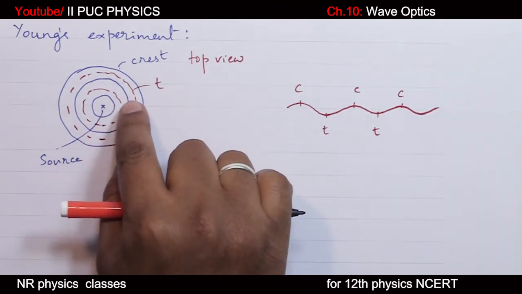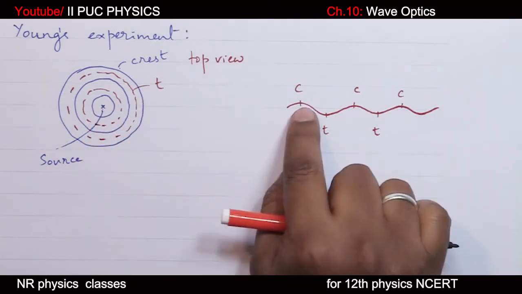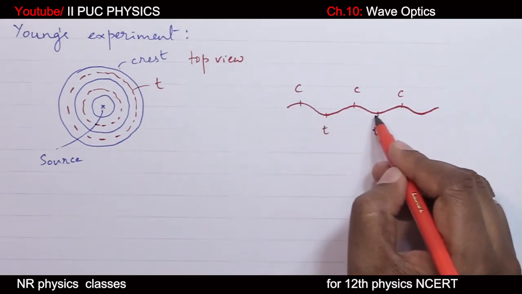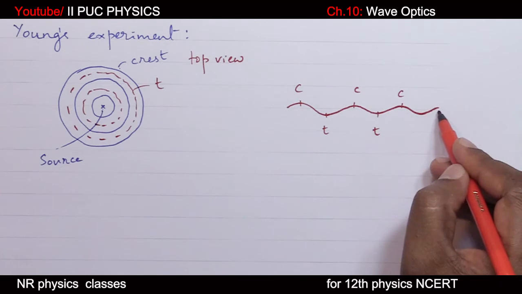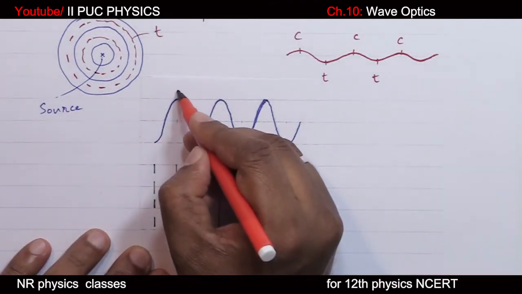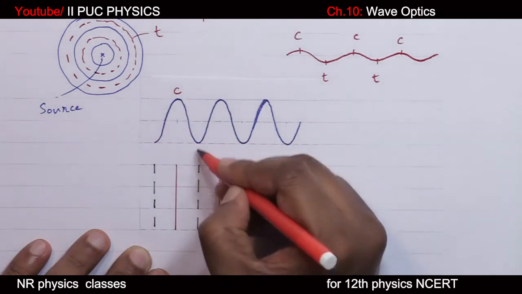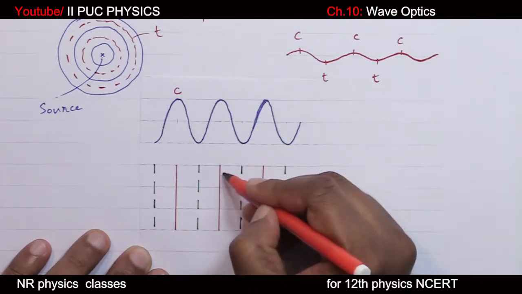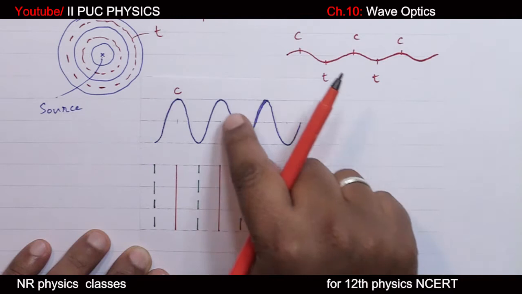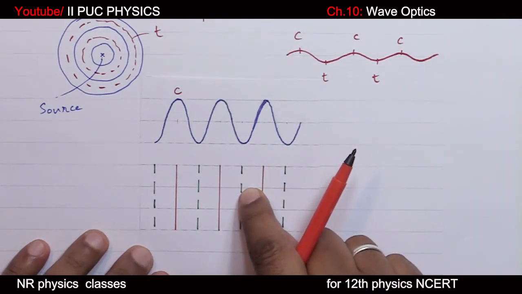Assume that amplitude is almost same. So crest, trough, crest, trough, crest, trough. Crests are represented by straight line, trough by dotted line. Crest smooth line, trough with dotted line, dash.